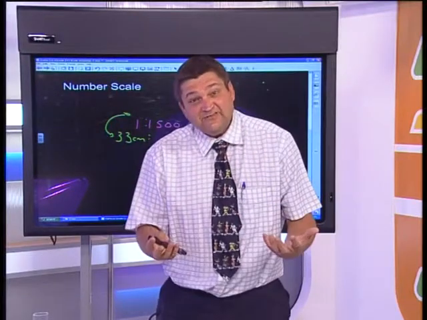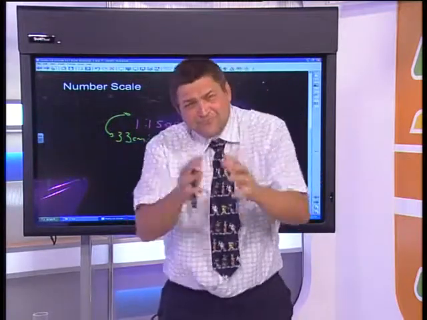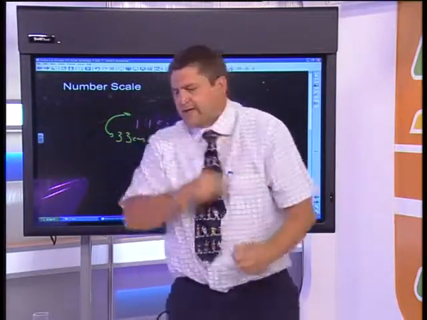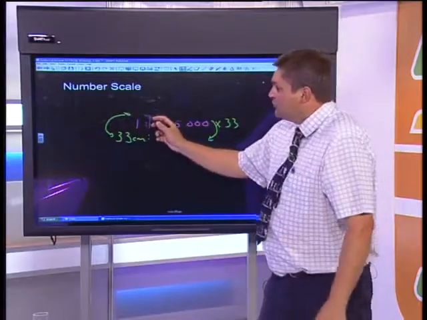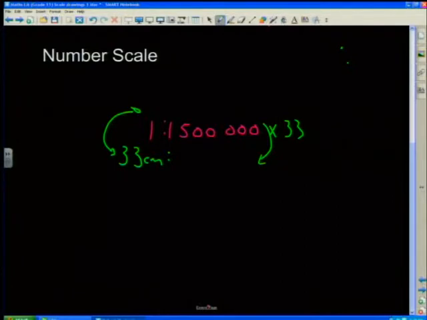You'd be devastated. You'd feel unloved. But if they said, look, we're giving your brother more pocket money, so we're going to do the same to you, then there's a bit of fairness going on. And that's what we're doing here. We multiplied that side by 33 to get 33. We're going to multiply this side by 33 to get 33.